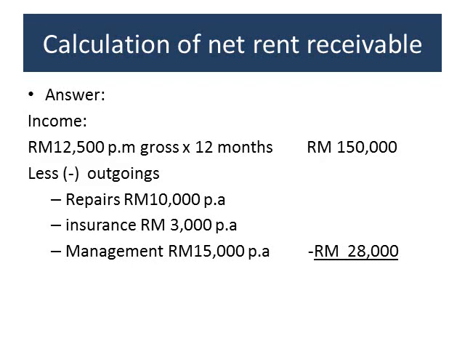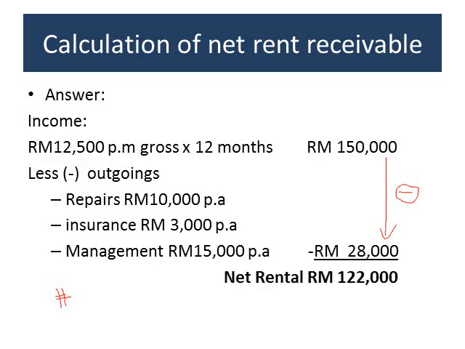The next step is deducting: 150,000 of gross rent less 28,000 outgoings, which is the total of 10,000 plus 3,000 plus 15,000. So it equals 122,000. This is the net rental.